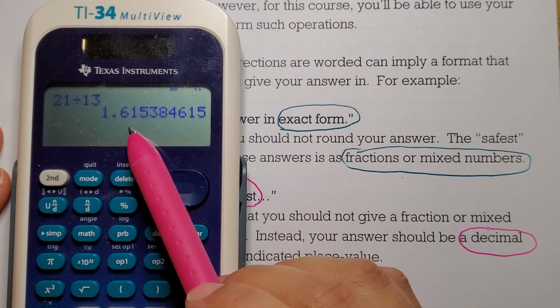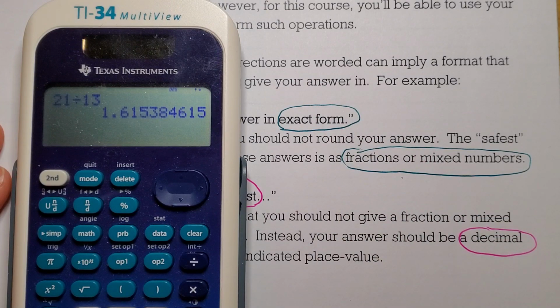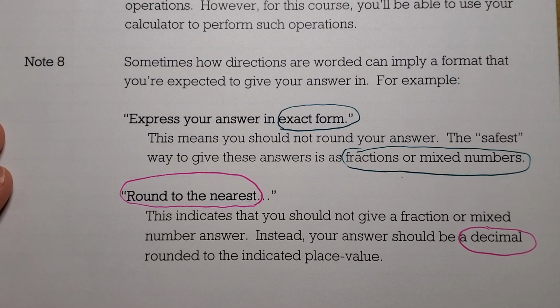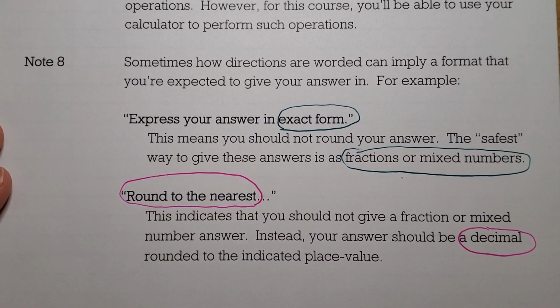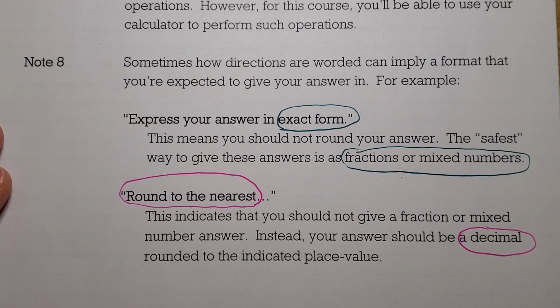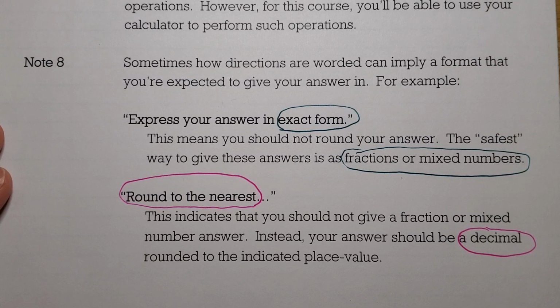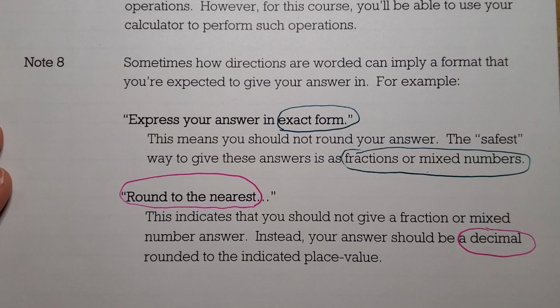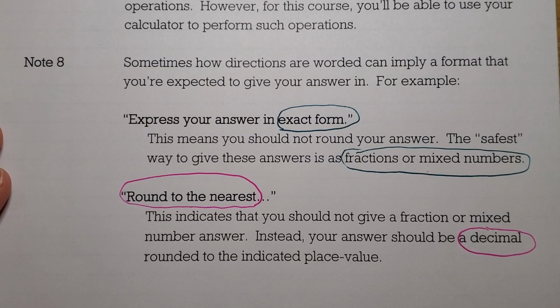I would round this to the nearest cent to get that amount of money. So sometimes when a question asks you to round to the nearest place, it's because it makes more sense for the context, or maybe because the decimals will help you compare things in the future, or for whatever reason. So keep an eye out for these different types of language to know how to give an answer when you have a mixture of number types.